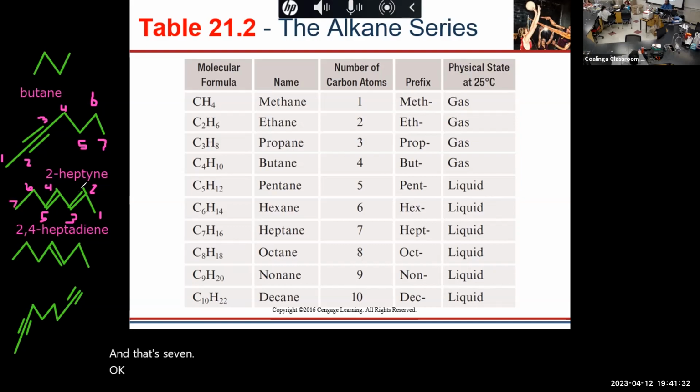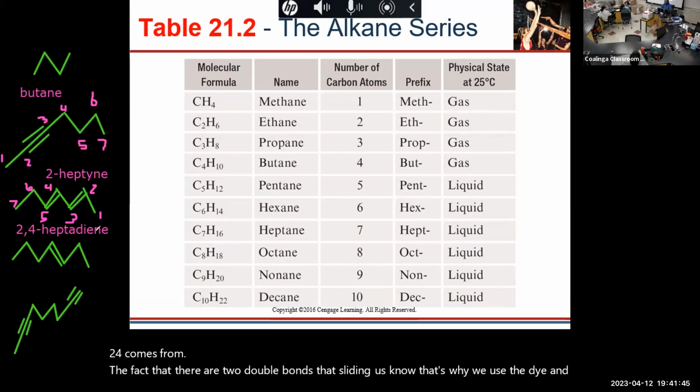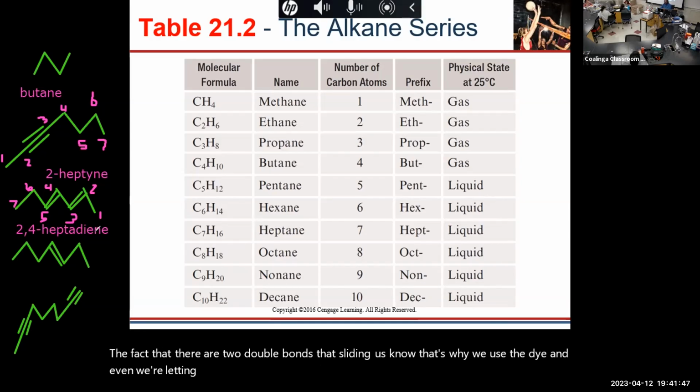We have a double bond at the second carbon and at the fourth, so that's where the 2,4 comes from. The fact that there are two double bonds is why we use the di, letting us know we have two double bonds. Okay.